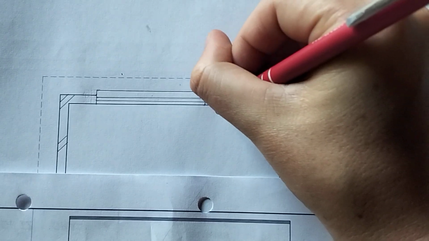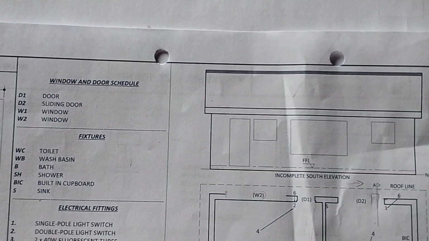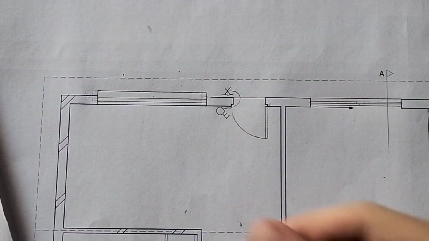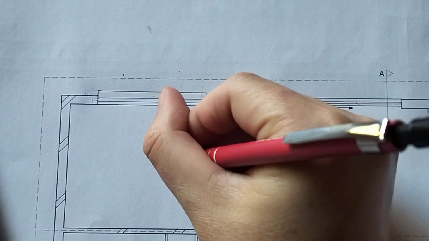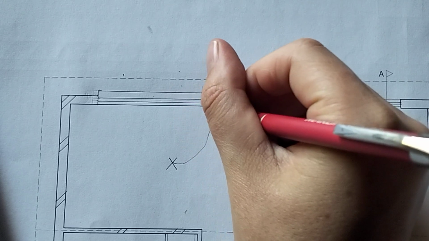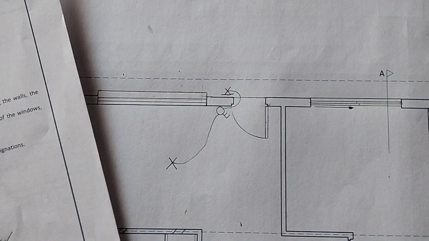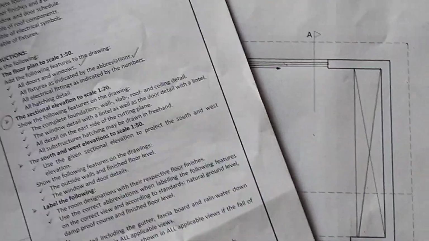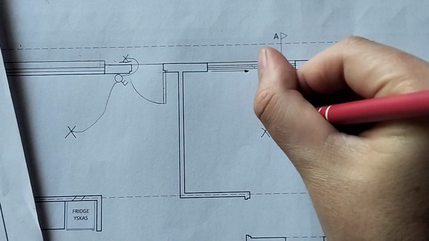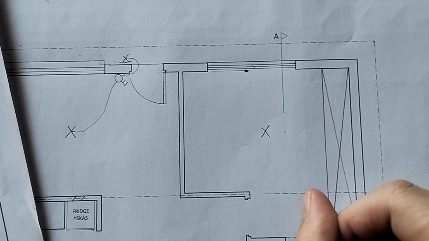I'm connecting it with the circle. And then 4 will be the ceiling light, so it's just an X, and then also just connect it to the wiring. And then for this room, it's again ceiling light, and for the bathroom as well.